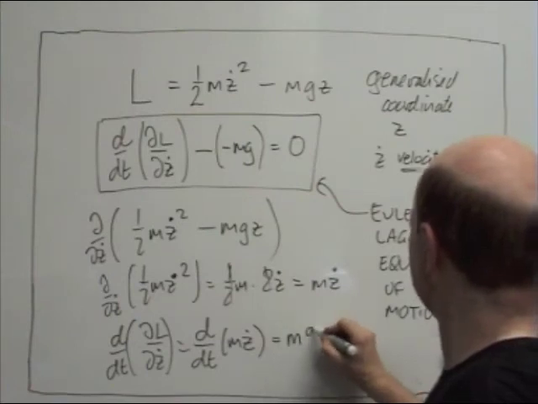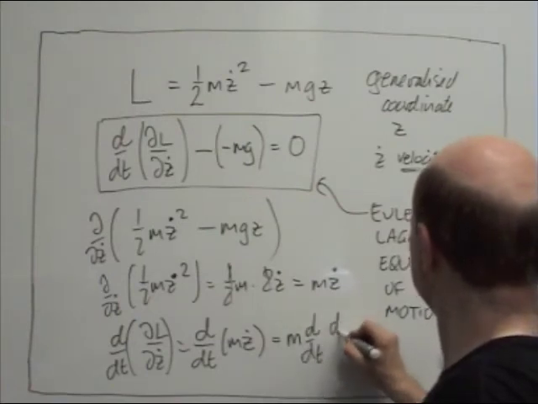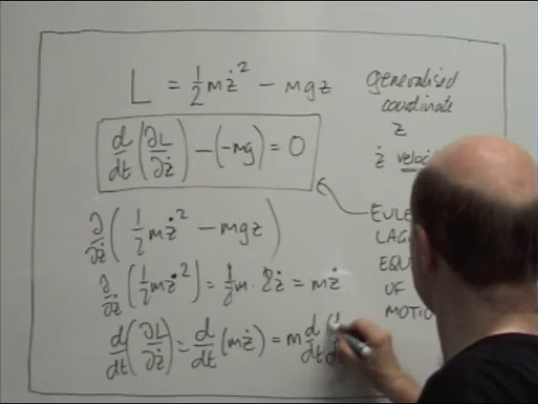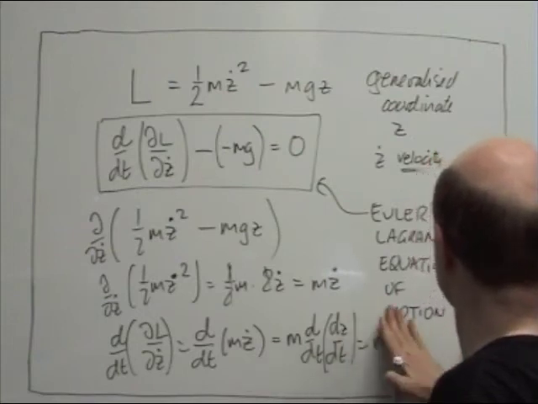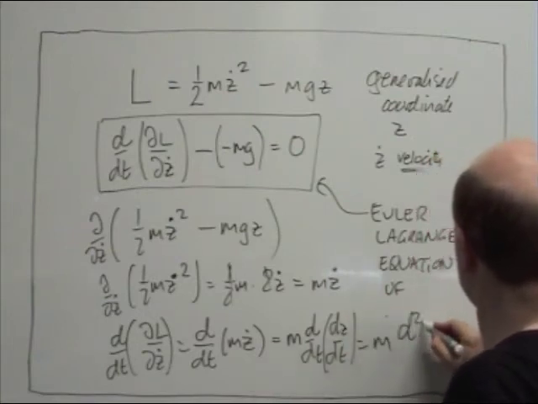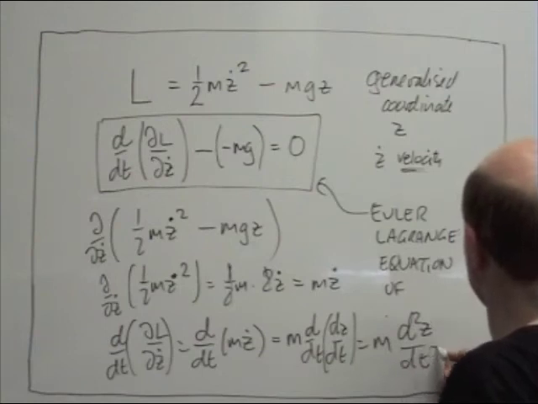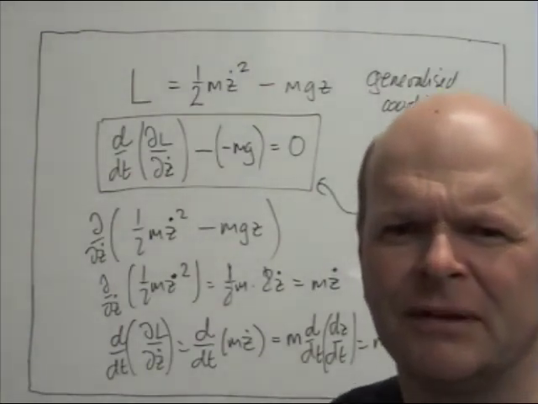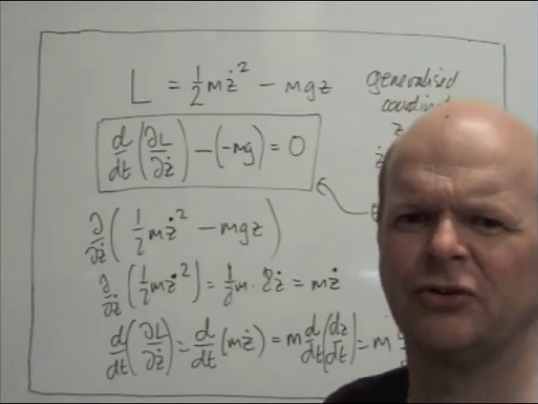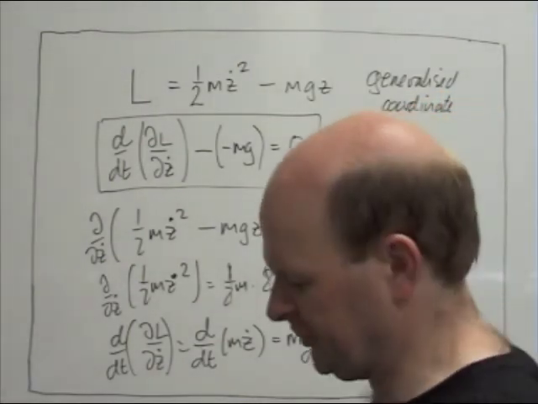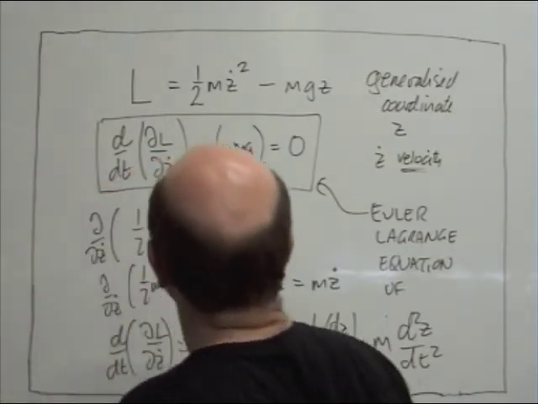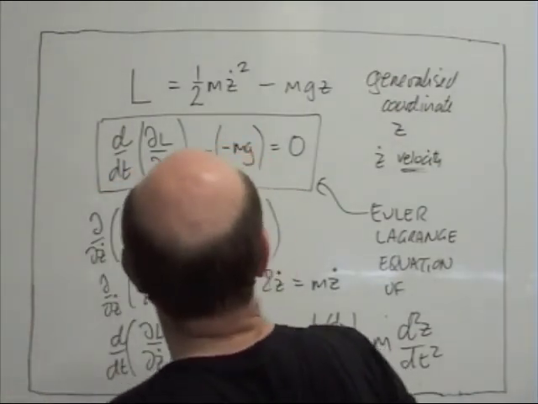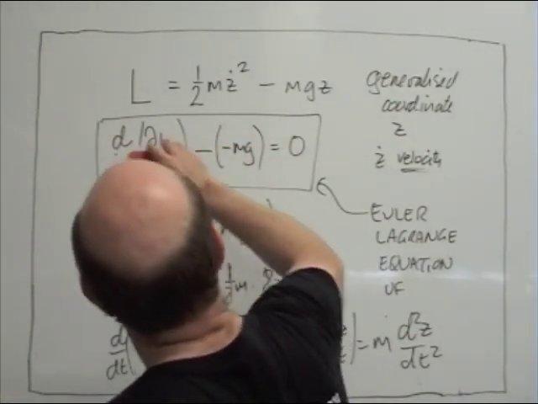So that's m times d by dt of dz by dt, which is m d2z by dt squared. So we can replace the first term in the Euler-Lagrange equation with just m d2z by dt squared.